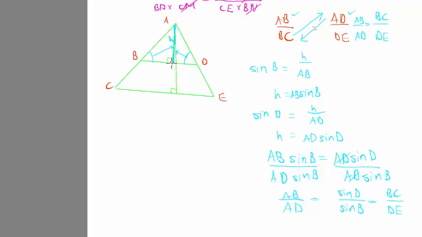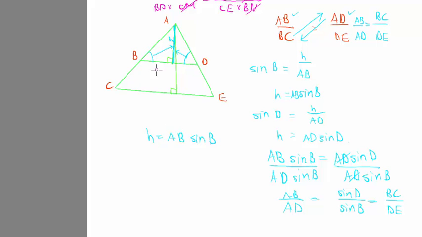So in other words, the way I get something's height is I take the sine of the angle B times the hypotenuse AB.